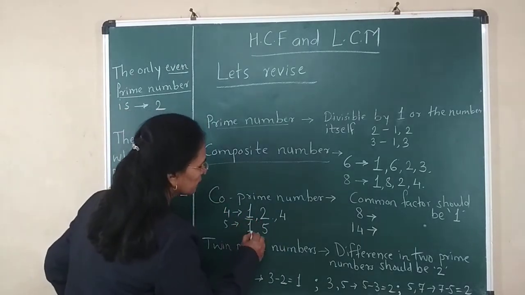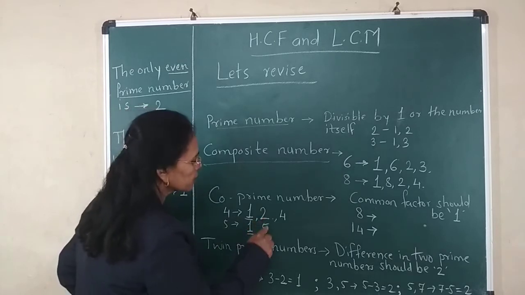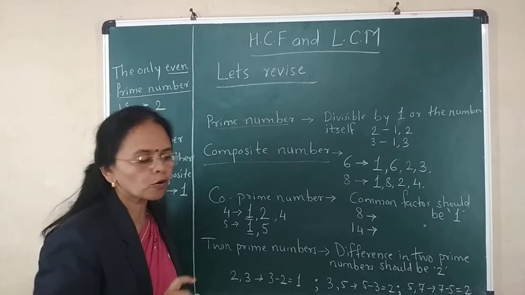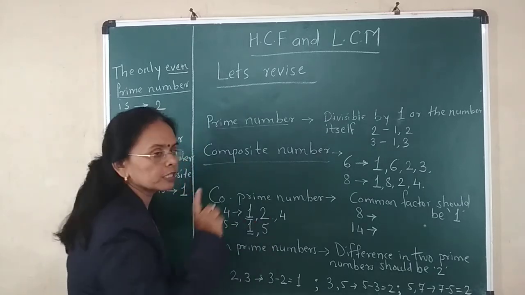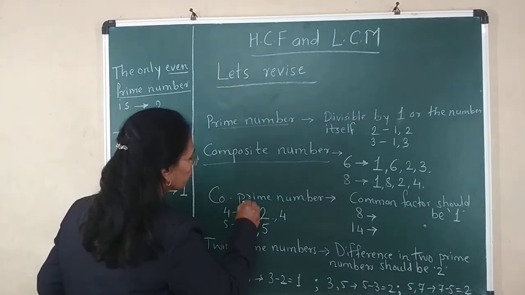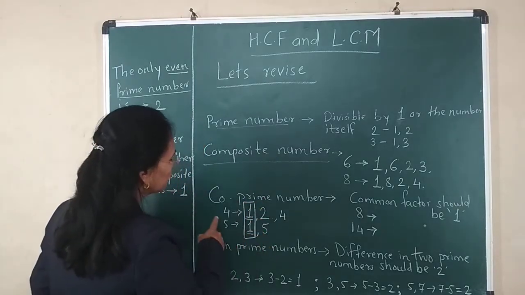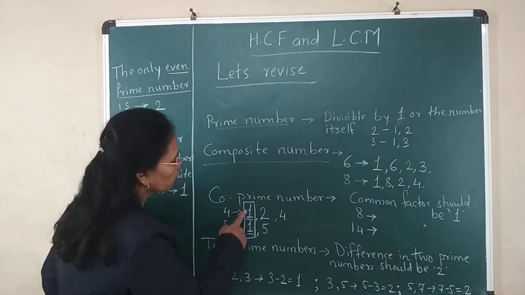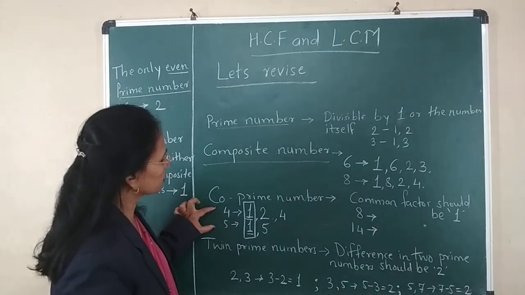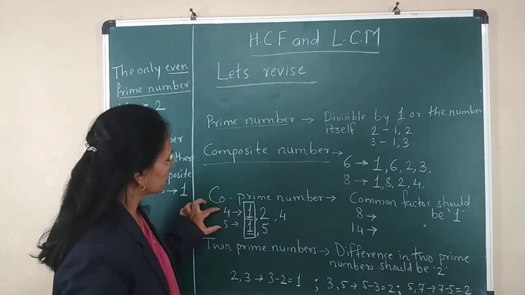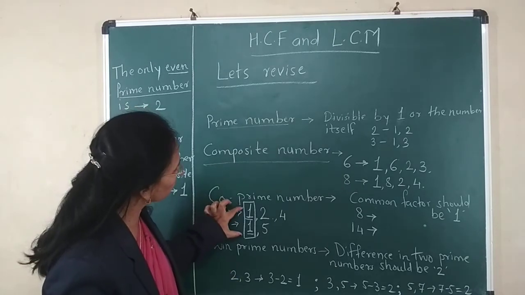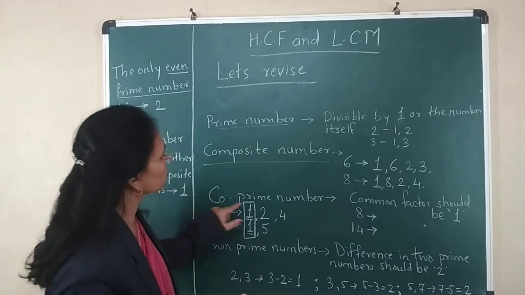Here 1 is there, here also 1 is there. Here 2 is there, but here there is not 2. Here 4 is there, but here is not 4. Here 5 is there, but 5 is not in the upper part. So, the common factor in both of these is only the number 1. And that's why numbers which have only the common factor 1 are called co-prime numbers.